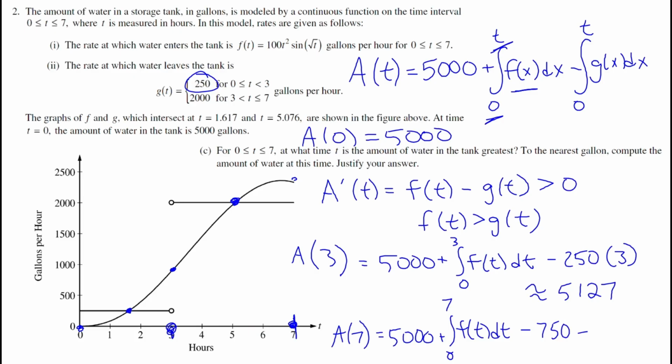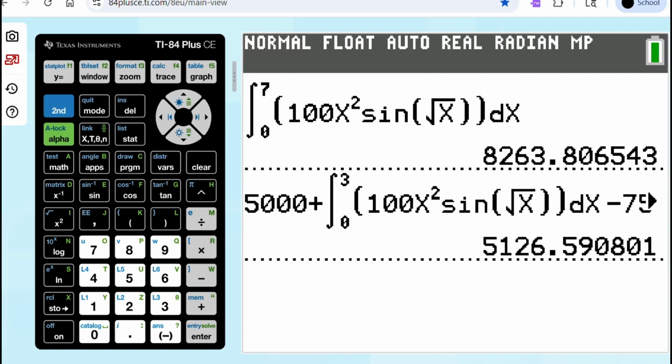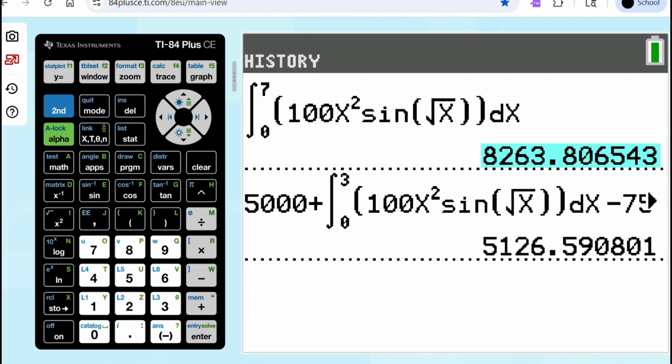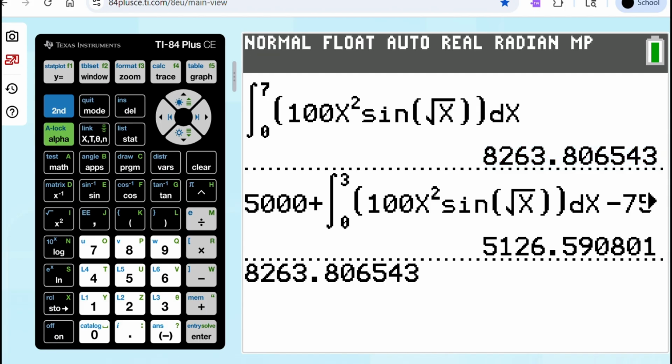We also have to subtract how much we lose from 3 to 7, which is 4 times 2,000, right? Because we're draining at a rate of 2,000 from 3 to 7. And so now we'll go back in here, and we actually already had the integral from 0 to 7, so I'm just going to grab that value. That's how much was added in from 0 to 7.